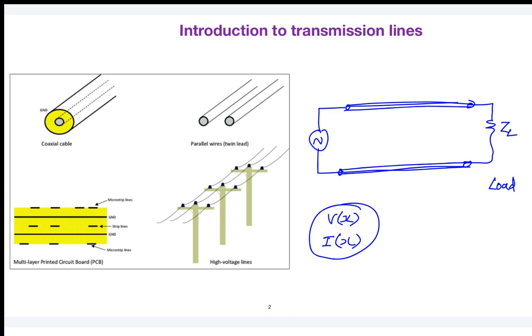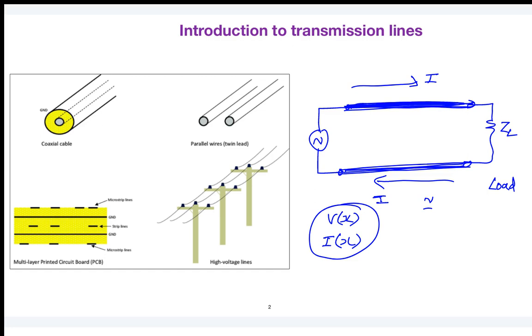For that, first I would like to analyze the electrical representation of the transmission line. When you look at it, what elements does it consist of? This is a conductor and this is also a conductor. The current flows in this fashion and takes the return path through the other conductor. Since the current is flowing through a conductor, every conductor has a finite amount of resistance, correct?